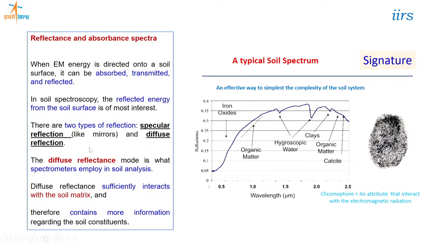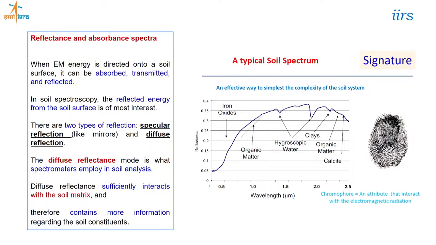And when energy interacts with the soil, you find two types of reflectance. One is specular reflectance, which means like a mirror, it comes and goes in another direction. And another is diffuse reflectance.